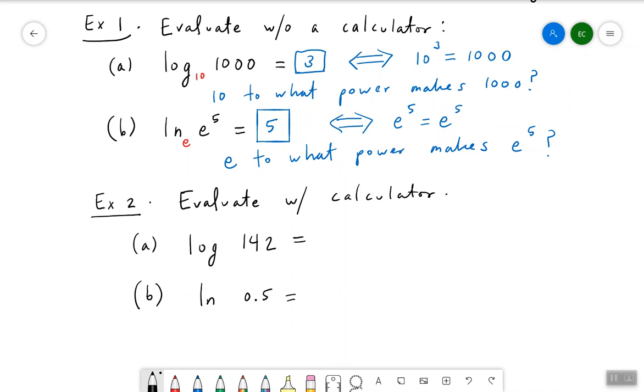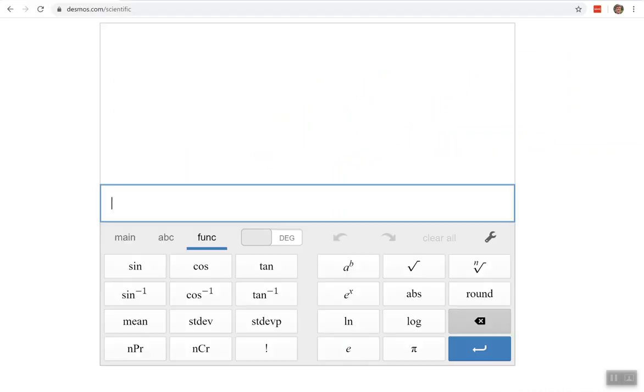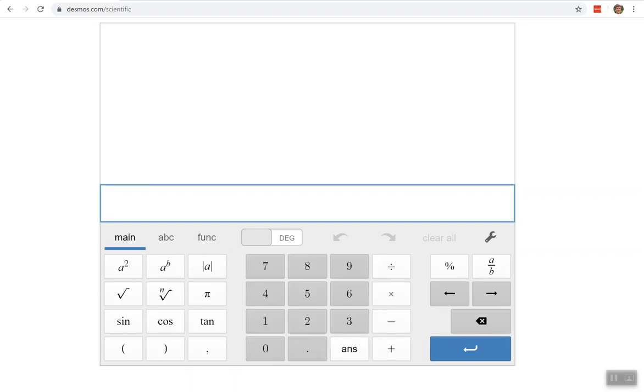And so you just want to take out your scientific calculator. I have one here on the computer. The layout of the buttons on your calculator may be a little different than mine.